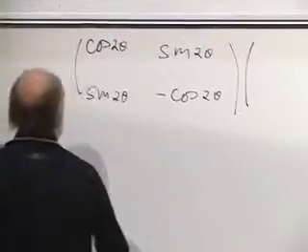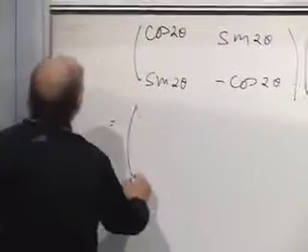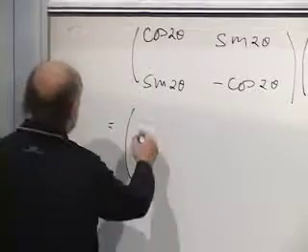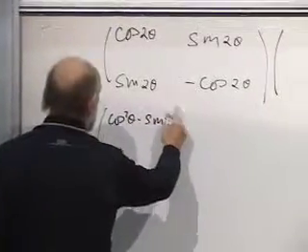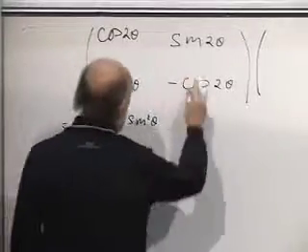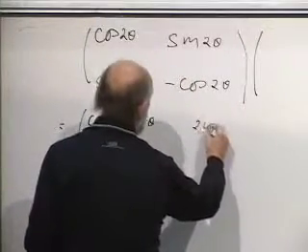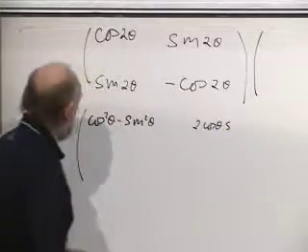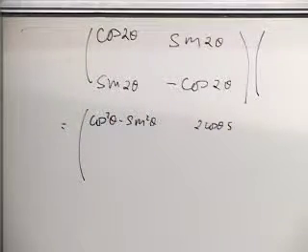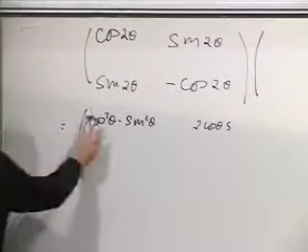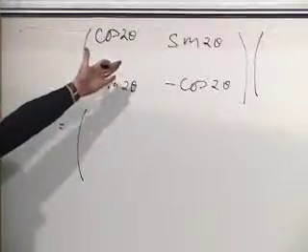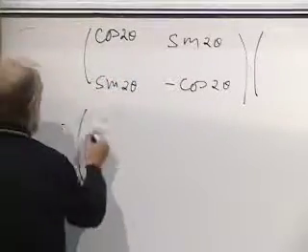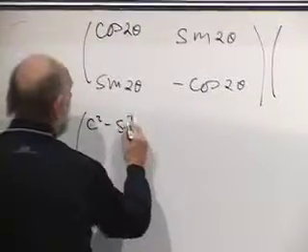Now, let me first rewrite this. Cosine of 2 theta is cosine squared theta minus sine squared theta. That's in the upper left. Here we have twice cosine theta sine theta. Does anybody mind if instead of writing cosine theta and sine theta, I just write C and S? There will be no confusion since there's only one angle here. So this is C squared minus S squared.